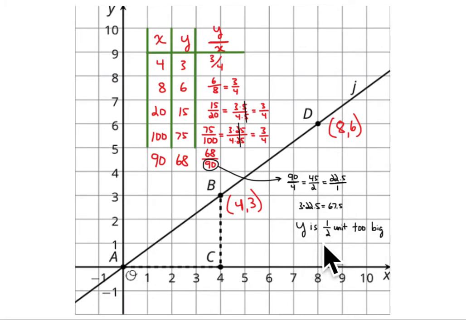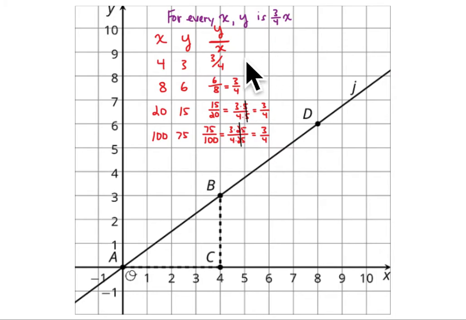Well, that means the y value of 68 is 1/2 a unit too long to be on the line. It needs to be 67.5 if the x value is 90. If the length along the x-axis is 90 units, the length along the vertical axis has to be 67.5 units to be on this line. And for this problem, it's listed as 68. That's 1/2 a unit too long, so it's not on the line.